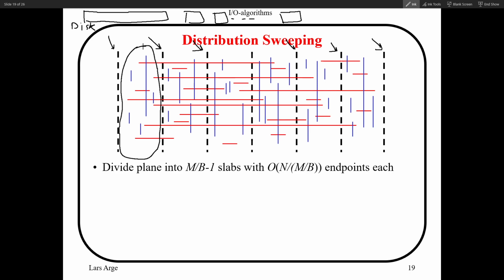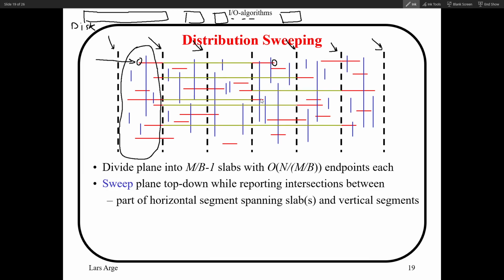Here the vertical line segments obviously go into their slab. But I have to do something about this horizontal line segment, because do I take this endpoint or this endpoint of a horizontal line segment? It turns out that I will need to do something a little more complicated. For every horizontal line segment, I cut it into three parts: a left part, a right part, and a middle part. The main thing about the middle part is that it spans a bunch of slabs, whereas the left and the right parts have exactly one endpoint inside a slab, or they could have both endpoints inside the same slab.